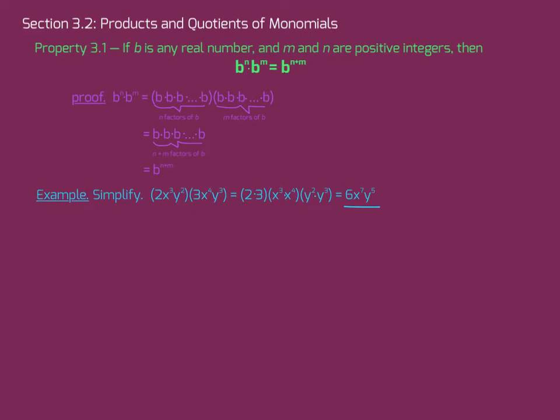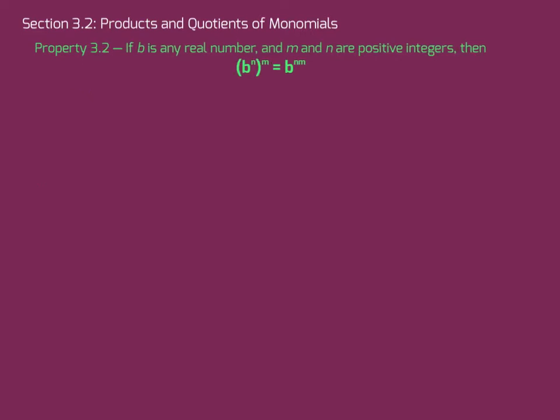Let's move on to some more properties. Next, we have property 3.2. Again, there are a lot of properties in this section, and as you can tell, they are all very originally named. Property 3.2 says that if b is any real number and m and n are positive integers, then b raised to the power of n raised to the power of m is the exact same thing as b raised to the power of n times m.